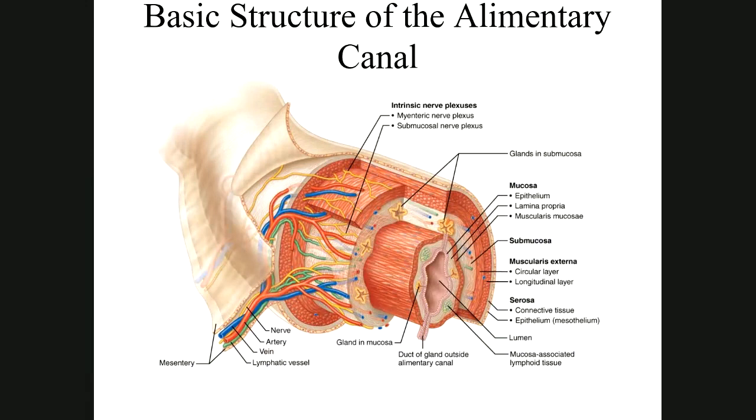The mucosa is the tunic layer that lines the lumen, right? We call it mucosa because it secretes mucus, digestive enzymes and hormones.